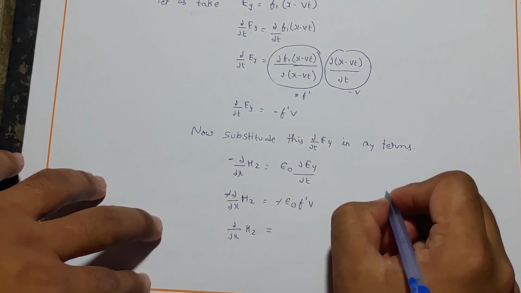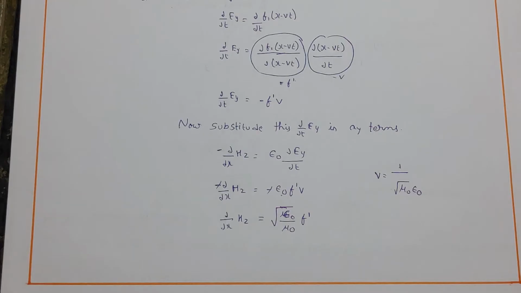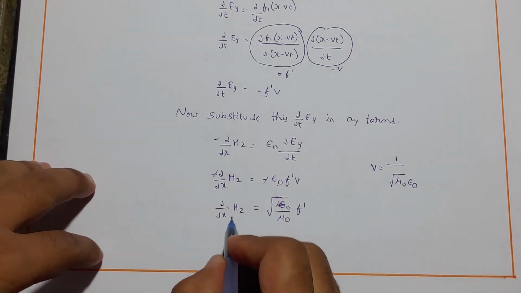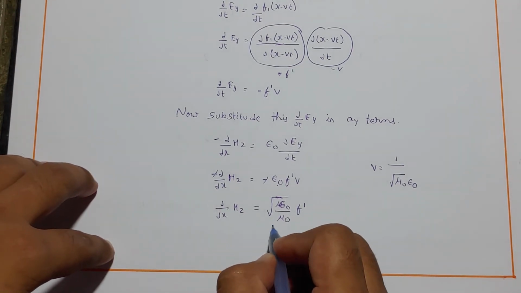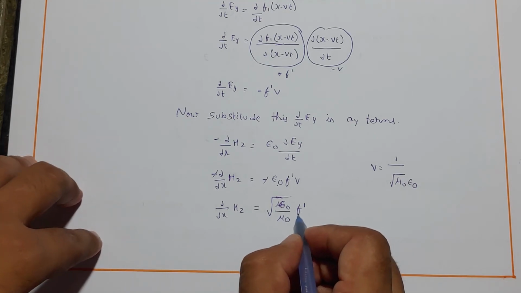We must know that v is equal to 1 by square root of mu naught epsilon naught. So that could be written as dou by dou x of Hz is equal to square root of epsilon naught by mu naught into f1 dash.